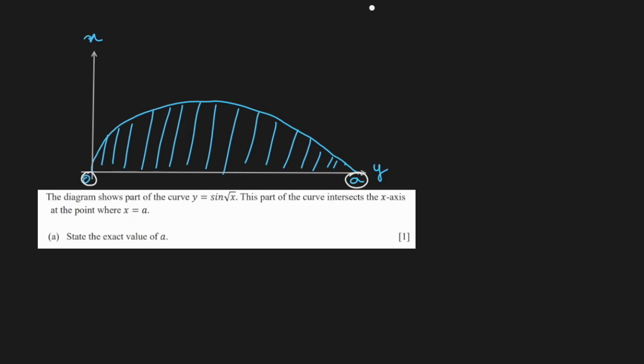So let me use this space. y equal to sine square root x. We have to find x-intercept, right? So for x-intercepts, y has to be equal to 0. Yeah, in this whole line y is 0.